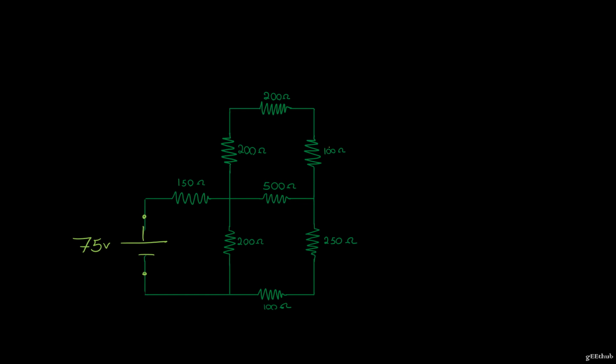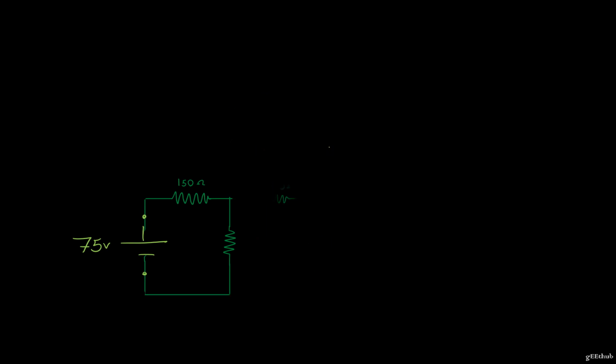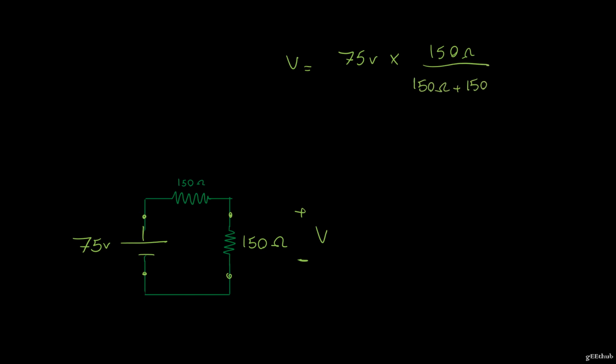So I'm gonna still replace the rest of the circuit with the 150 ohm that we found earlier and solve for this circuit. So the voltage drop across this 150 ohm is gonna be 75 volts times 150 ohms divided by 150 plus 150.